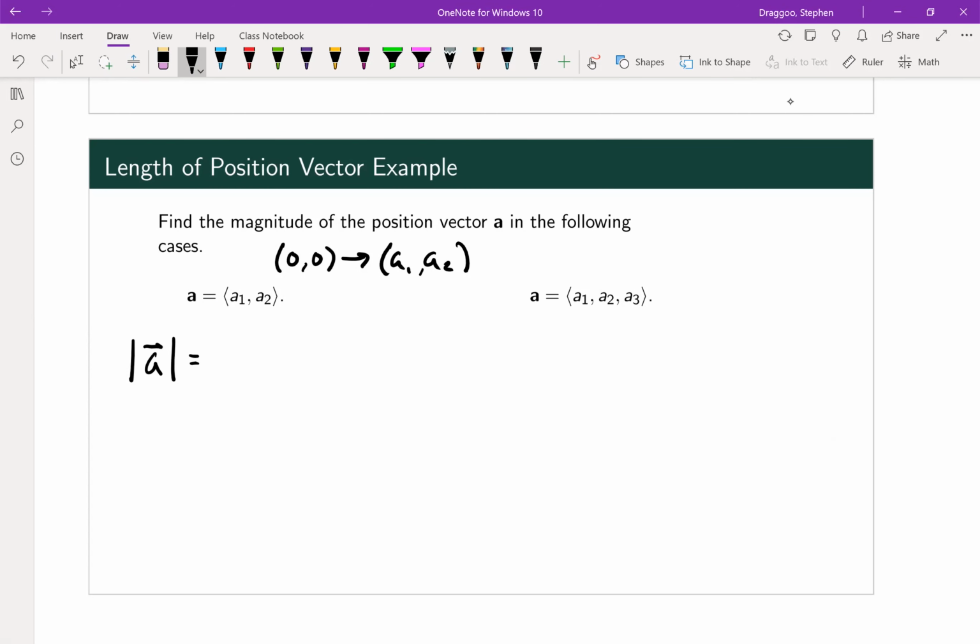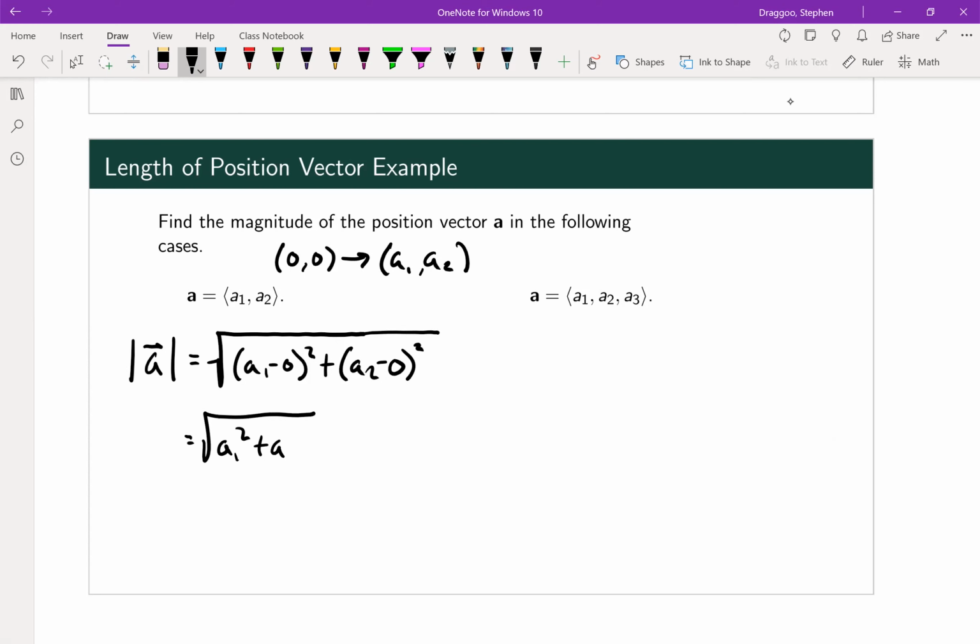And so we should see that this magnitude is equal to the square root of (a1 minus 0) squared plus (a2 minus 0) squared, giving us the square root of a1 squared plus a2 squared.